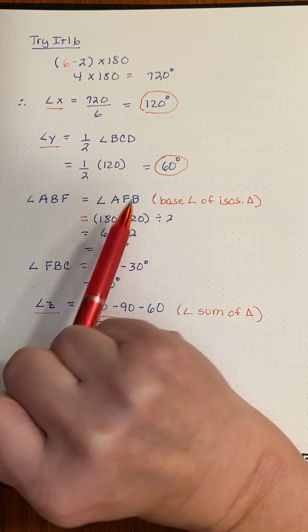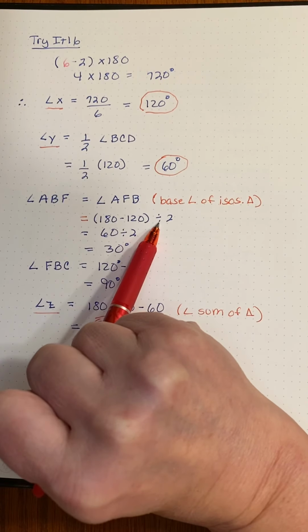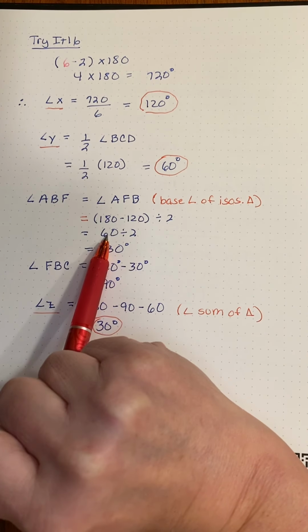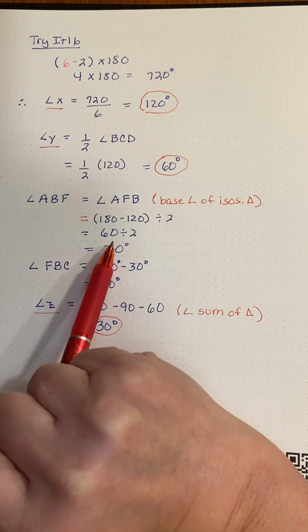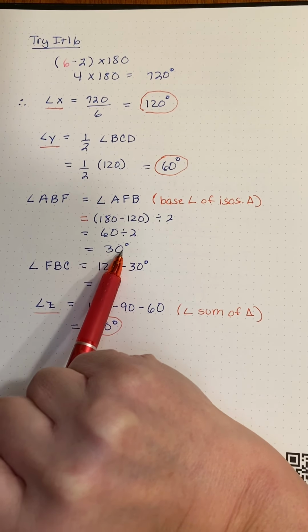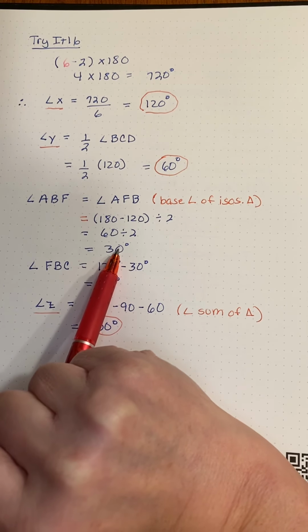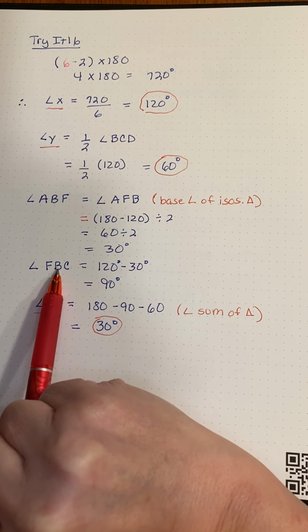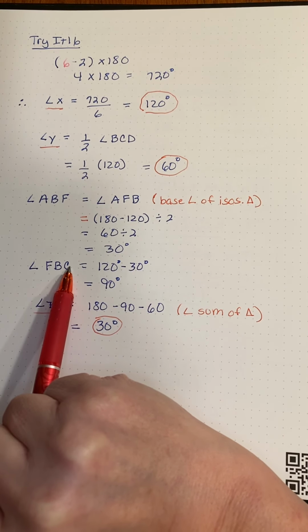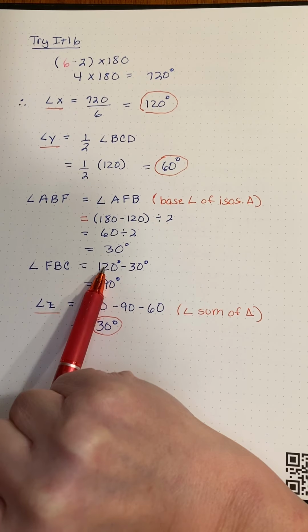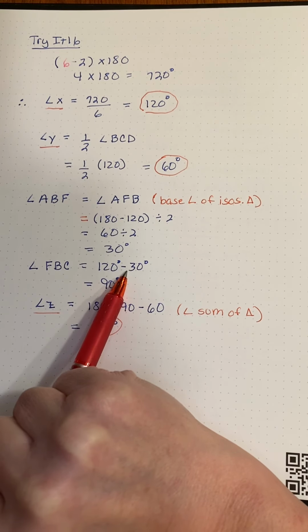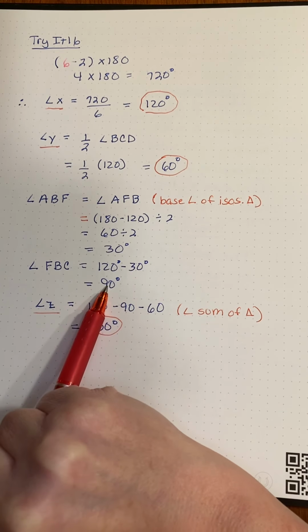So I'm getting rid of what I found here. And then I'm going to divide it by 2. So that's 60 divided by 2. So angle ABF is 30 degrees. Now angle FBC, therefore, is 120 minus that 30 degrees, which gives me 90 degrees.